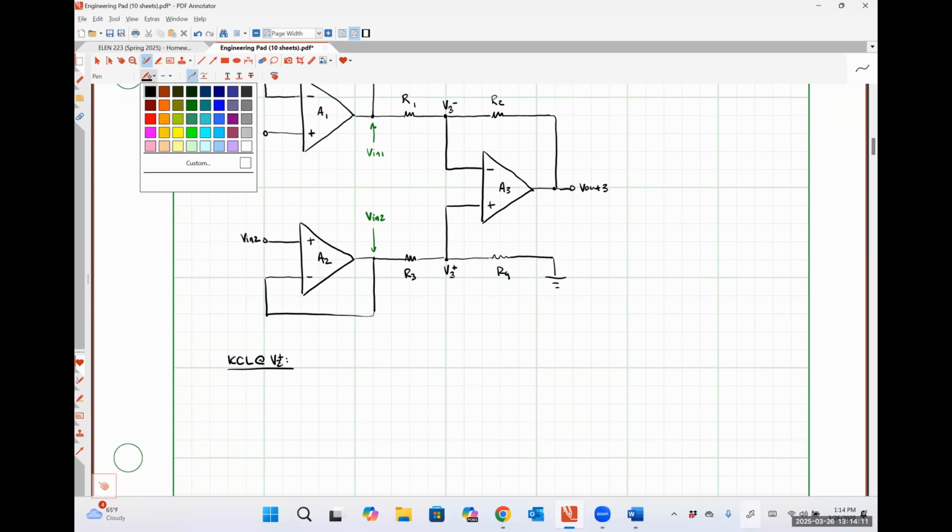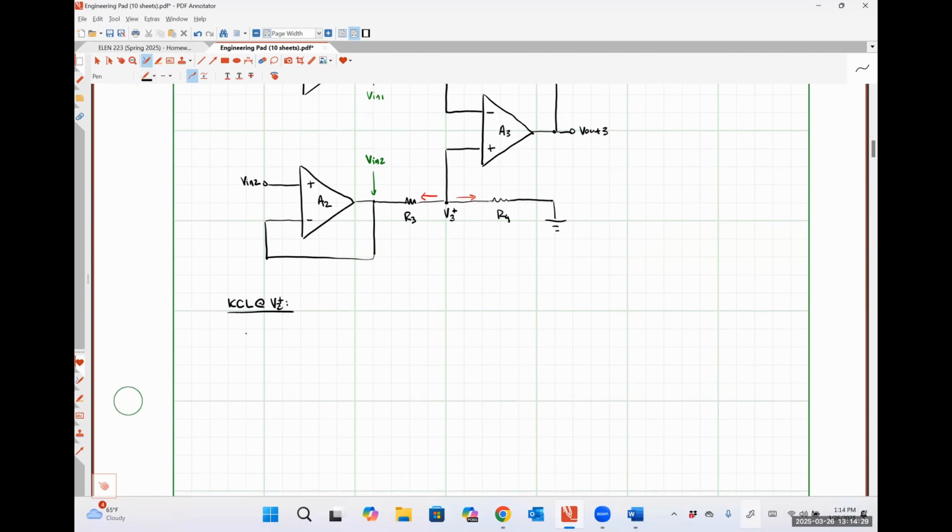So that would be this current flowing to the left plus this current flowing to the right, since I know using the ideal op amp model that no current will flow up into that non-inverting input pin. And so that's going to look like (V3 plus minus VN2) divided by R3, plus V3 plus over R4 is equal to 0.